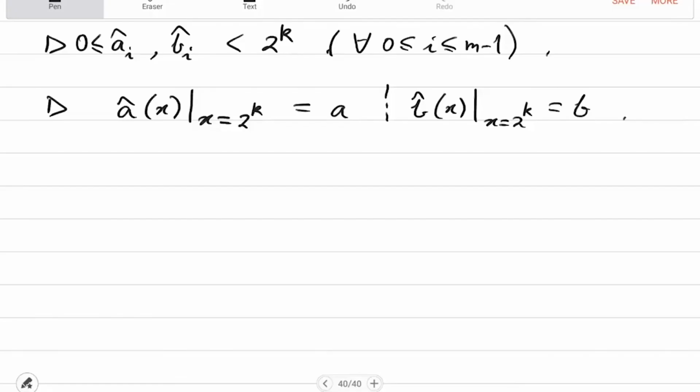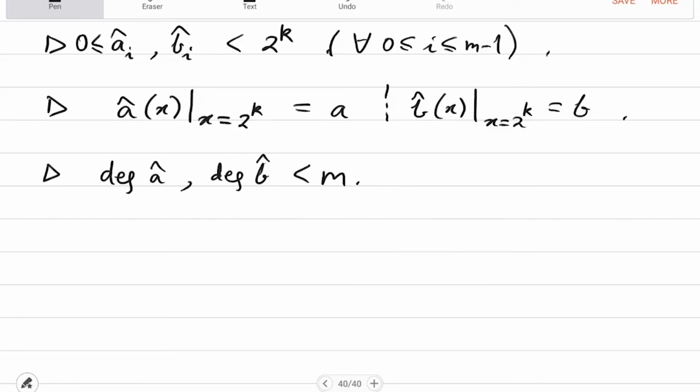Right, that's the plan. But we have to check whether this actually happens. The degree of a hat and the degree of b hat is less than m.